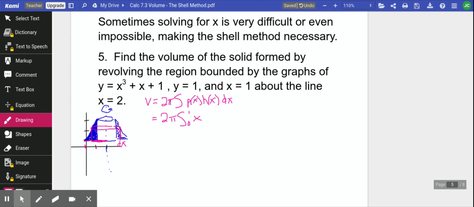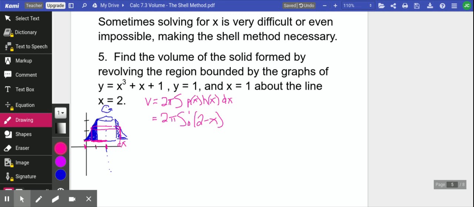So what we need to do is this whole distance here is 2. And if this is x, that means the part that we actually need, it's not x, it's 2 minus x. And that's what we'll need to do when we rotate around something that is not the x or y axis, is we'll have to make that adjustment.